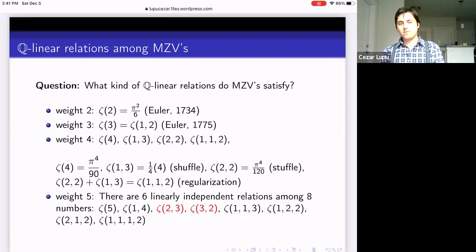They will turn out to be very important, and I will explain why. All of these Q-linear combinations can be expressed in terms of zeta of 2, 3 and zeta of 3, 2.